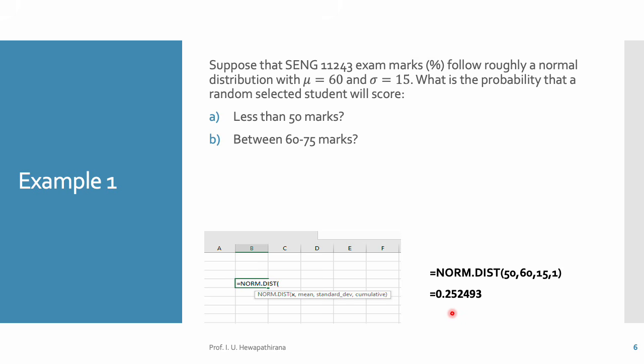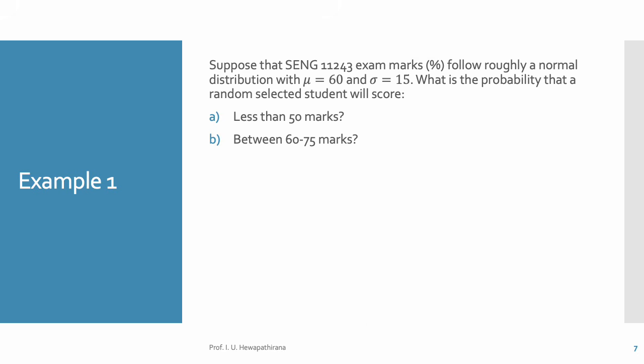Then what is the probability that the marks would be between 60 and 75? What is the probability of getting a mark between 60 and 75? So if this is our probability density curve, right, this is X, this is f of X, and this is our curve.